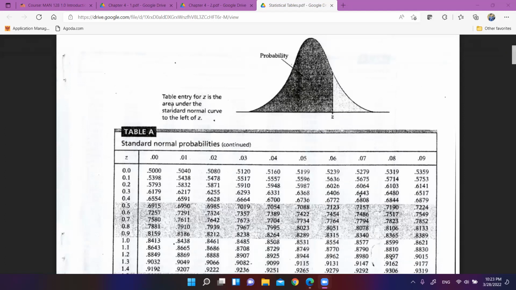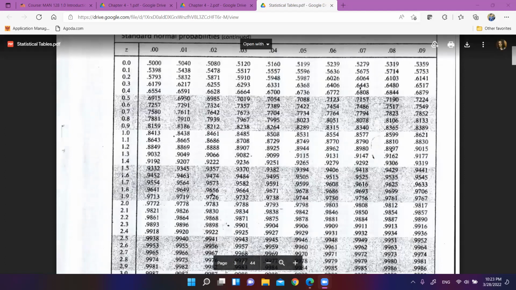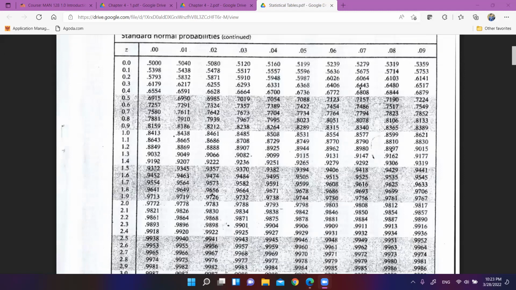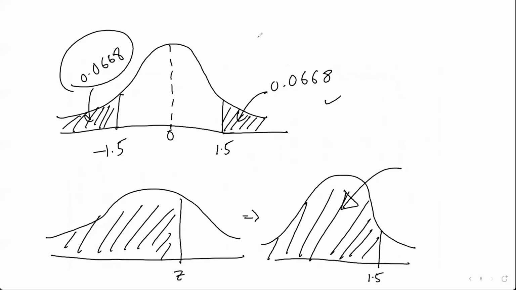Right? එතන මම 1.5 read කරොත් මට ලැබෙනවා 0.9332.